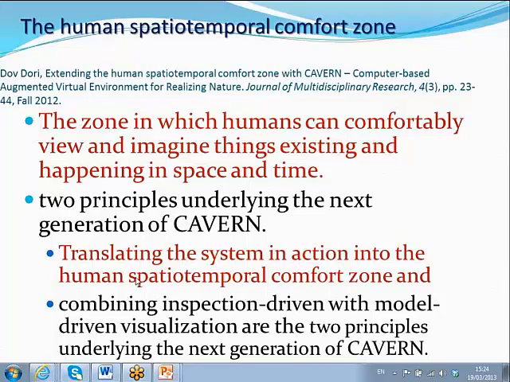So we want to translate the system in action into the human spatial temporal comfort zone and combine inspection-driven with model-driven visualizations. These are the two principles that underlie the next generation of COVERN. COVERN is like a cave, but for realizing nature, a cave for realizing nature.